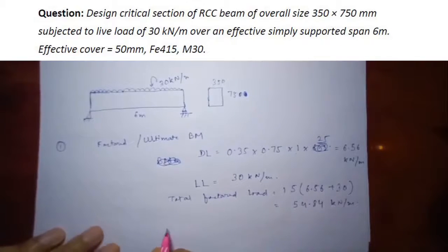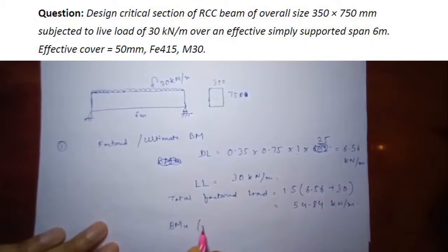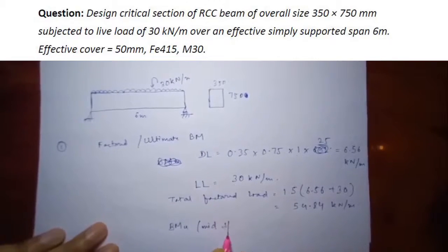Now the BMu, the ultimate bending moment at the mid span, is given by Wu L square by 8, because it is a simply supported beam.